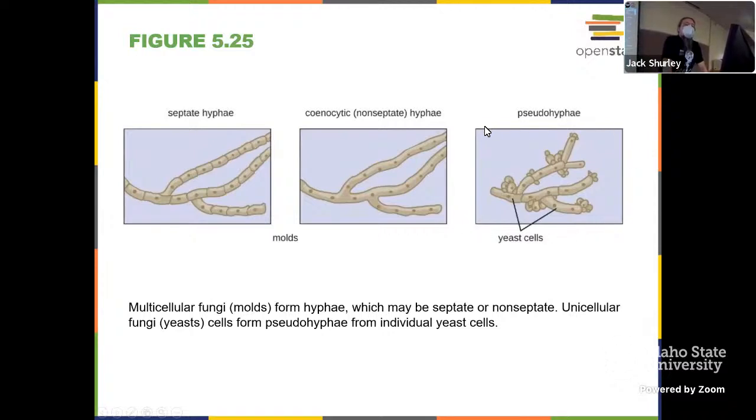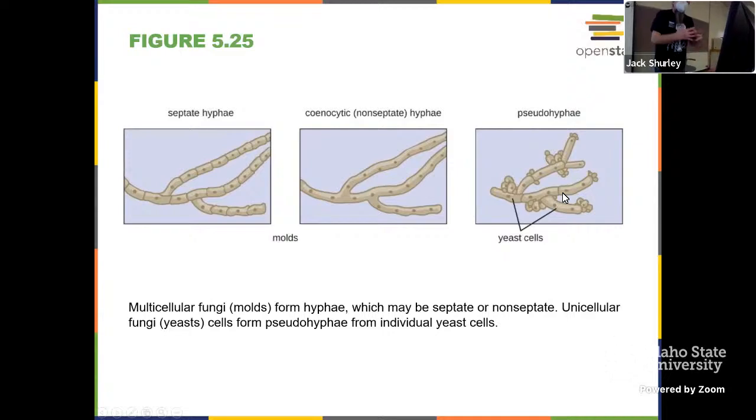Next door, the third ones, these are the pseudohyphae. These are yeast cells, not molds, all right? And some yeasts have the potential to produce structures that resemble the hyphae, but it's not true hyphae. It's not real filamentous forms.